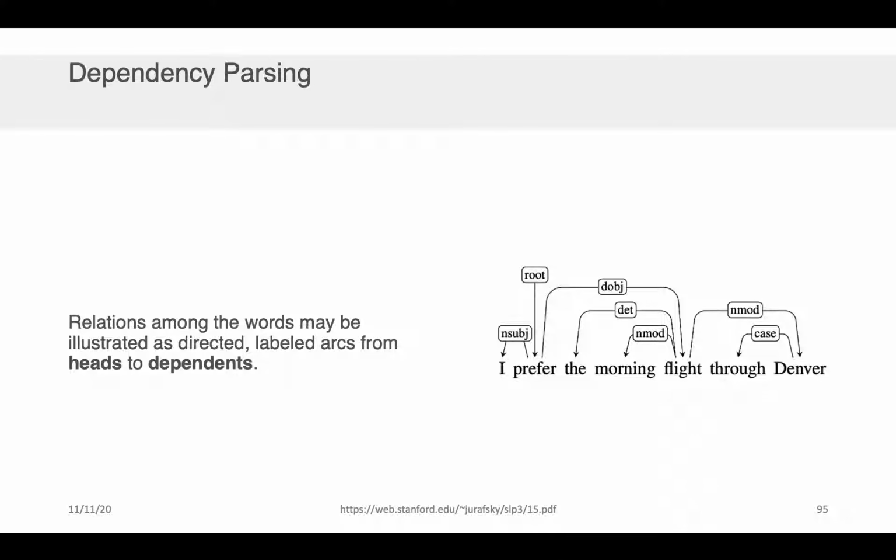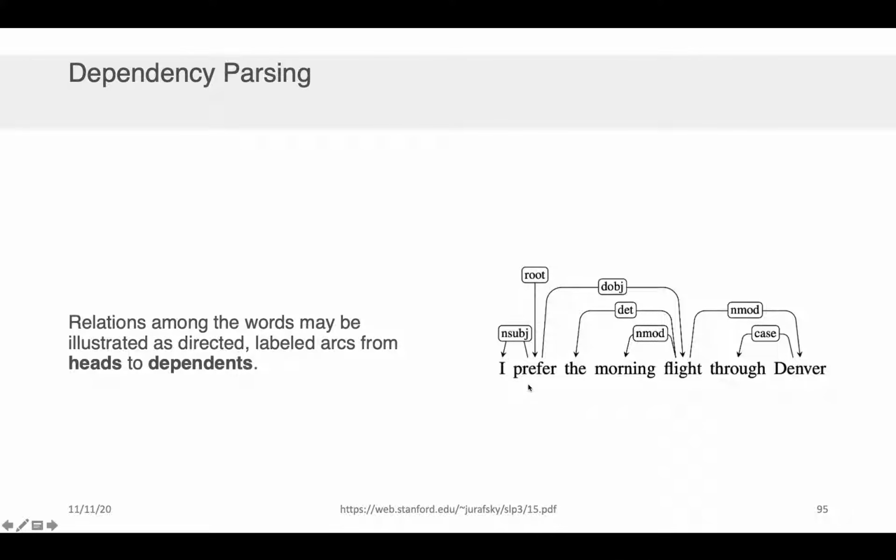These relationships are usually depicted as labeled arcs from what they call a head to a dependent. So the head is the root word, the boss word in the relationship, and the word where the arrow ends is the one that depends on that root word.